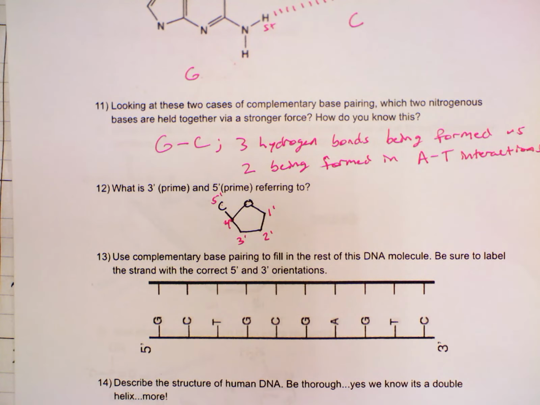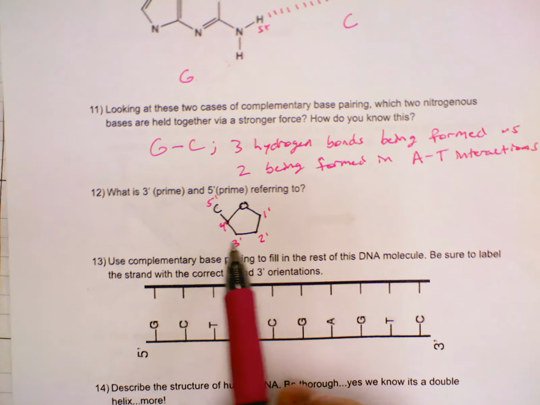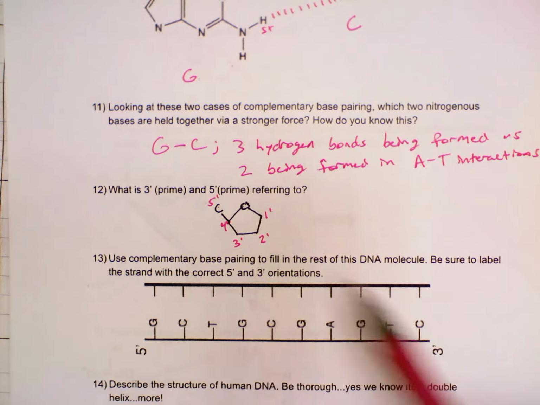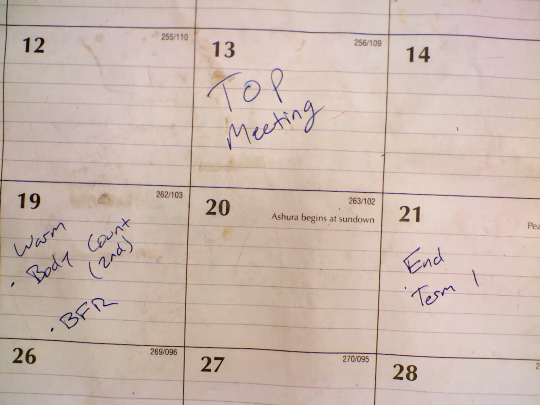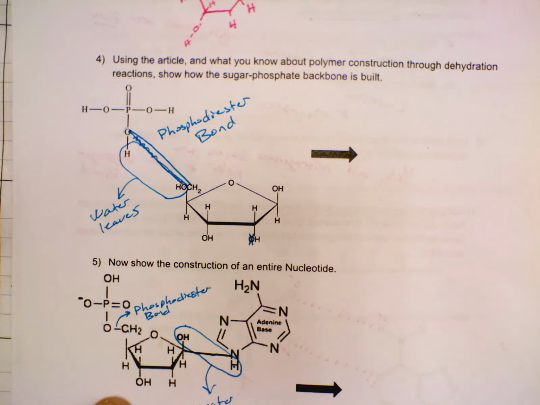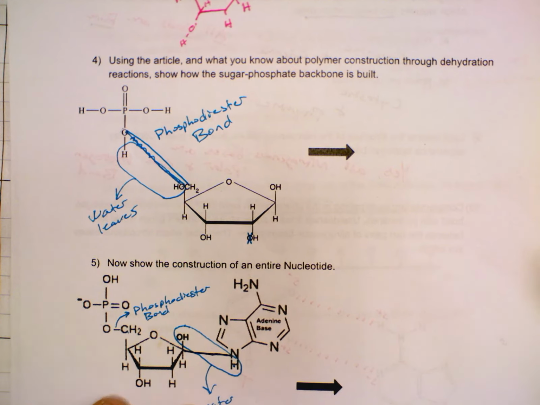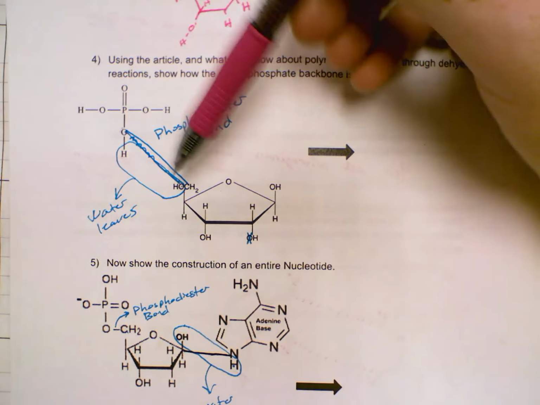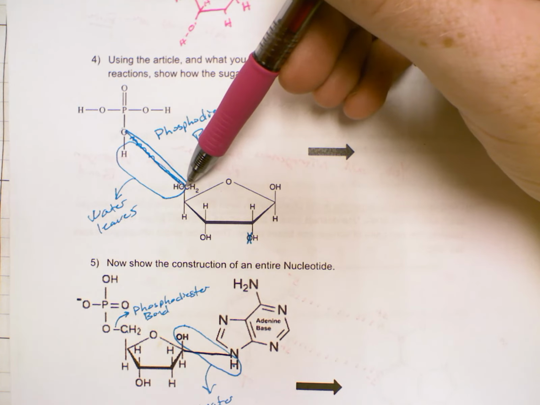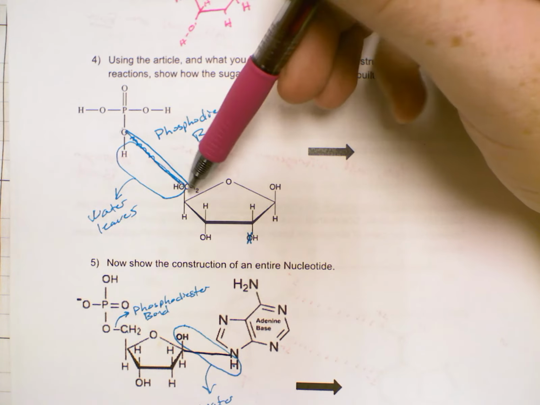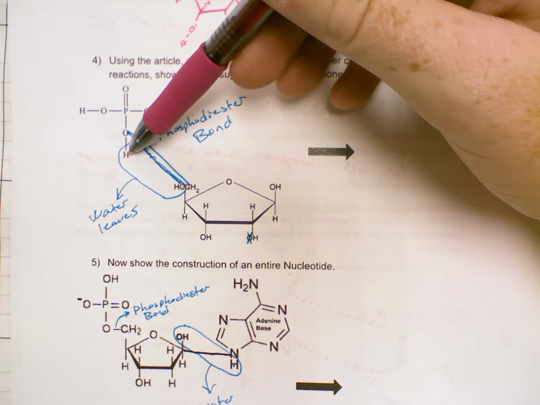Okay. Why does this matter? Well, what we end up seeing is that whenever we're connecting together these nucleotides, they get connected through this sugar. So if you go back and look, whenever we were forming our phosphodiester bond, what were we linking together? Well, we were linking together the hydroxyl group that's on the 5' carbon on the deoxyribose to the phosphate group.